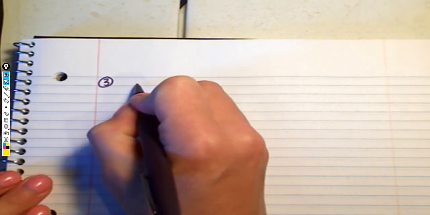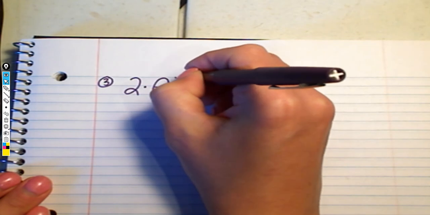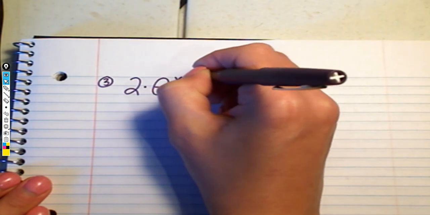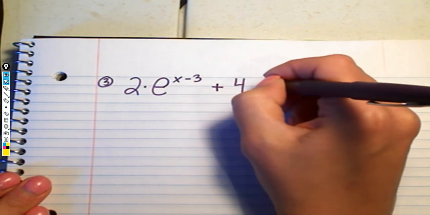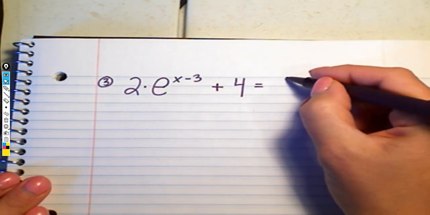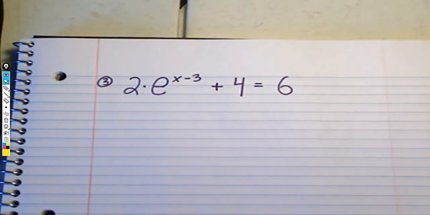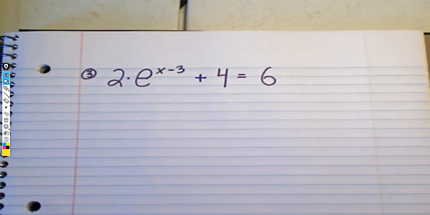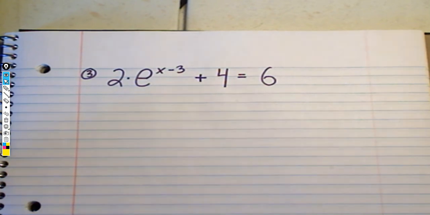Example number 3. All right, so say 2 times e to the x minus 3 plus 4 equals 6. All right, so I've got a 2, a minus 3, and a plus 4.